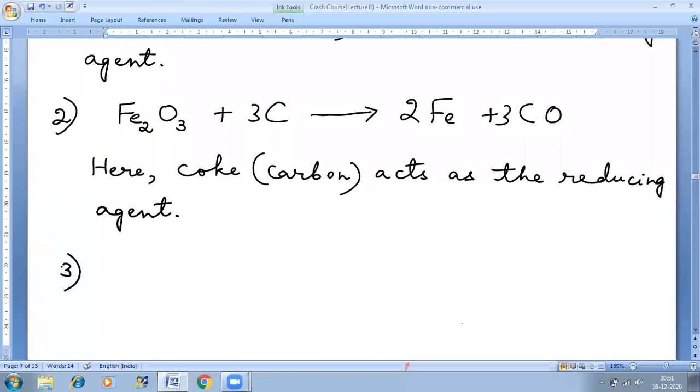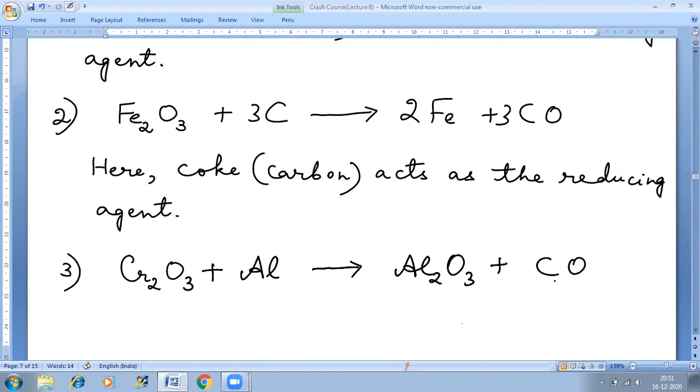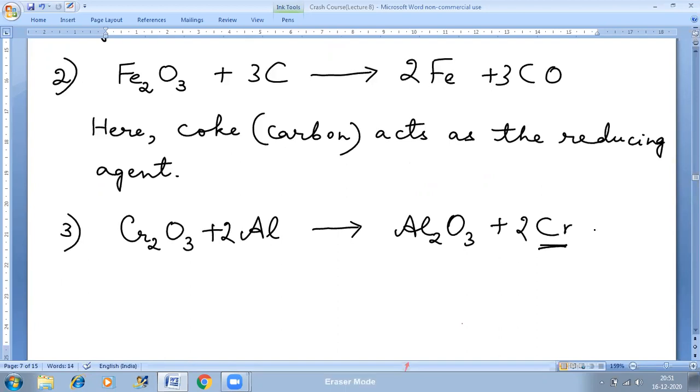For example, if I have Cr2O3, chromium oxide, Cr2O3 is chromium oxide. Chromium oxide is reduced with the help of aluminium. So I'll obtain Al2O3 and chromium. I'll balance it. So again, if you see, I've obtained the metal, it is chromium.